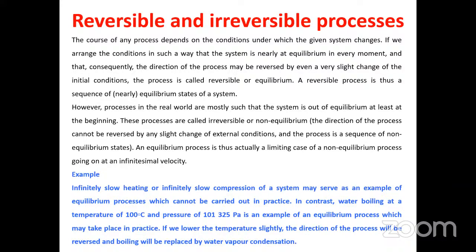So in contrast to that, we have another example of water boiling at a temperature of, say, 100 degrees centigrade and pressure of 101,325 Pascal. This is an example of an equilibrium process which may take place in practice.